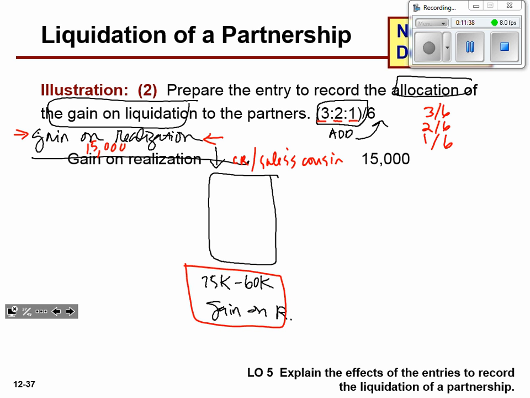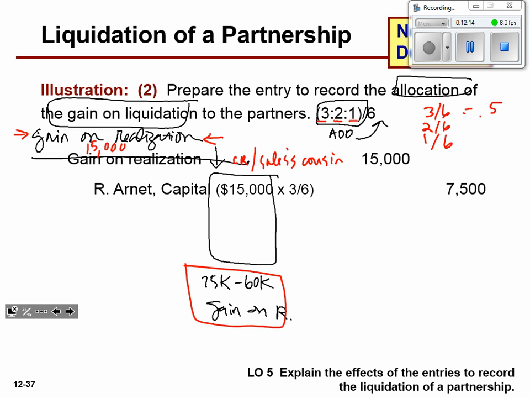If you want to see them converted into fractions, then from a math perspective, this would of course equal 0.5 or half, and on down. So apparently we have 3 partners, and when you see it in that 3 to 2 to 1 ratio, you add them up. In this case, it's divided by 6. Then you convert it into your math. So one of the partners gets 3/6 of that 15 grand.